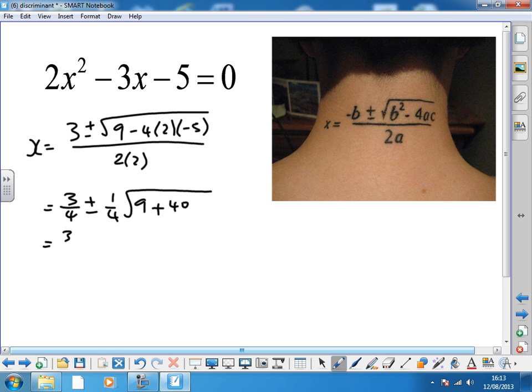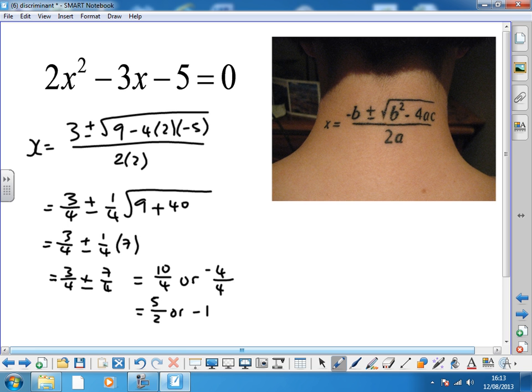So that's 3/4 plus or minus a quarter of root 49, which is 7. So basically we're doing 3 over 4 plus or minus 7 over 4. So that is 10 over 4, or 3 minus 7, minus 4 over 4, which is 5 over 2, or minus 1. So they're the roots.